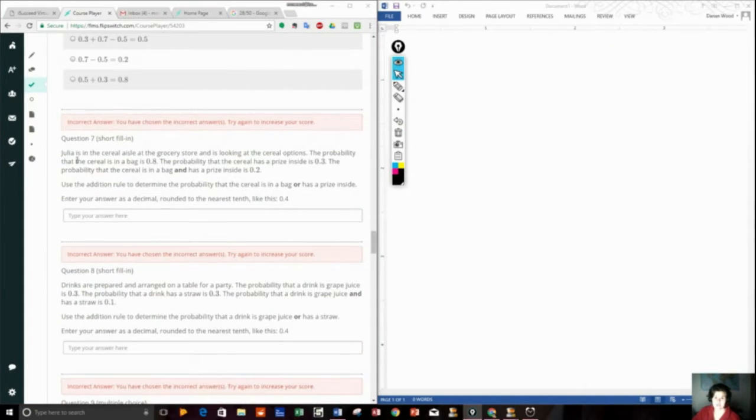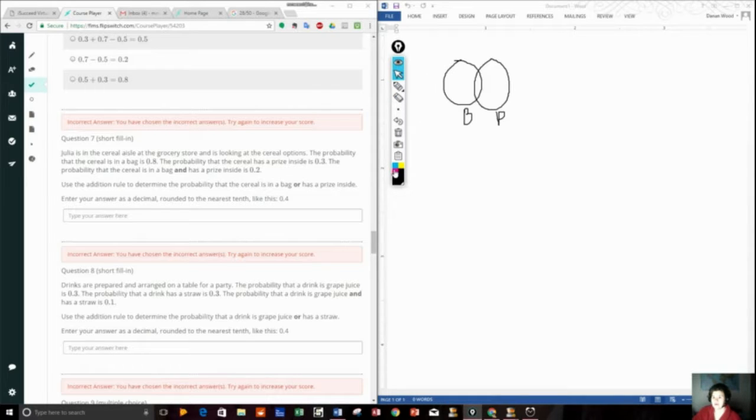Alright, question 7. Julia is in a cereal aisle at the grocery store and is looking at the cereal options. The probability that the cereal is in a bag is 0.8. The probability that the cereal has a prize inside is 0.3. And the probability that the cereal is in the bag and has a prize is 0.2. So we have a bag, we have the prize.